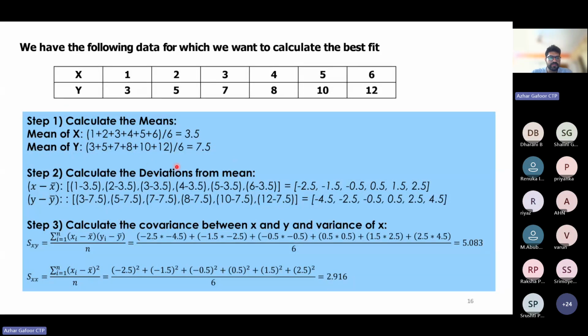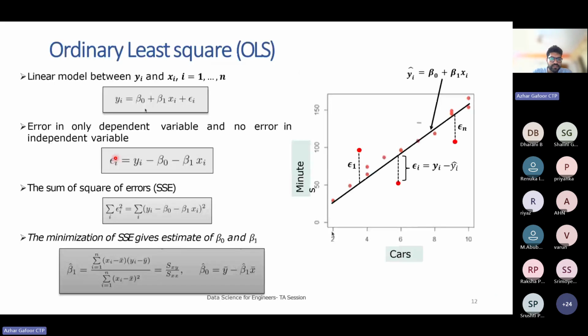And then if you remember the formula, we have to calculate x minus the mean, then y minus the mean.